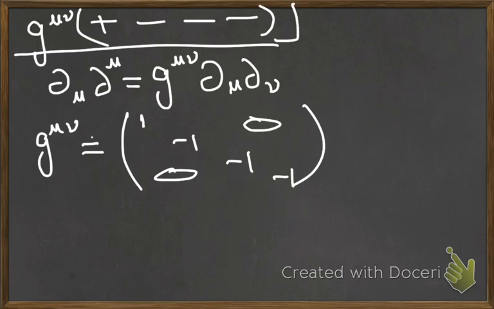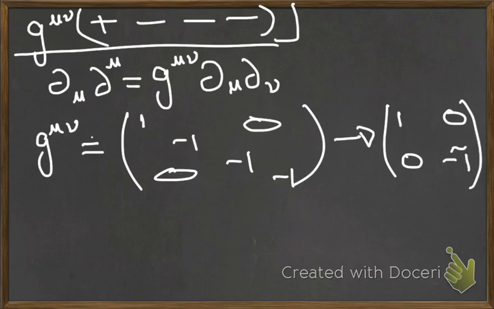Now this is a bit long and lengthy, so I can write this as 1, 0, 0 and -1 with the tilde, where -1 tilde is distributed over all of the spatial components. Alright, now what is the next step?